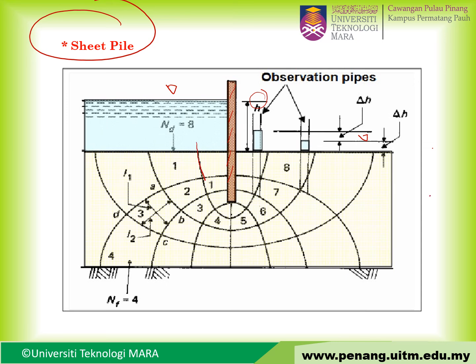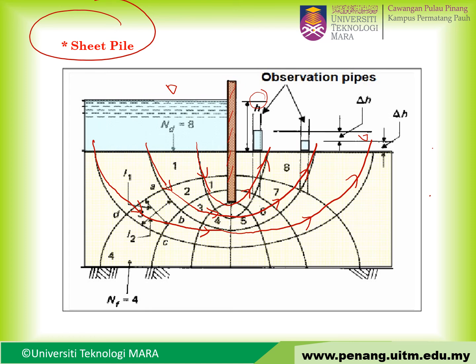The flow line is here. So you have the first flow line, second flow line. So water flows from the upstream to the downstream.